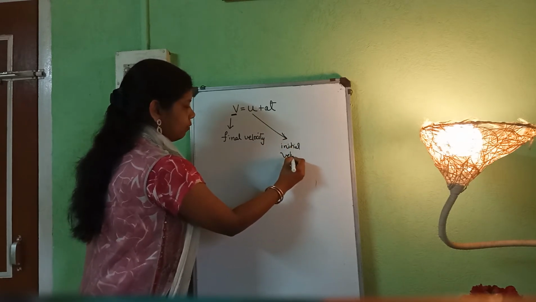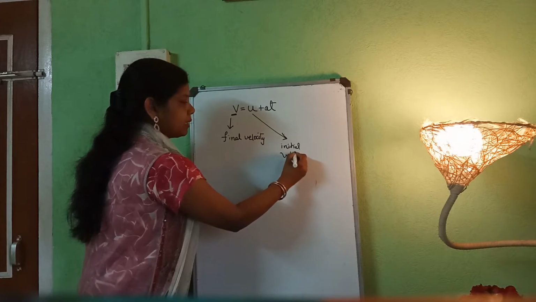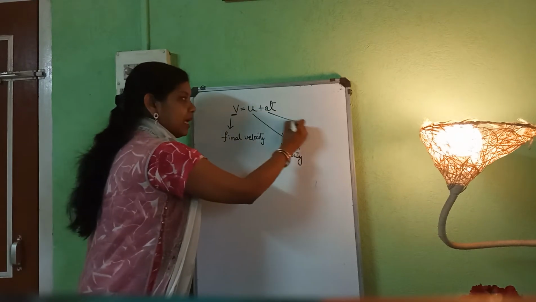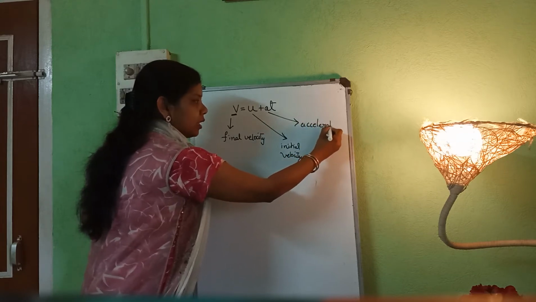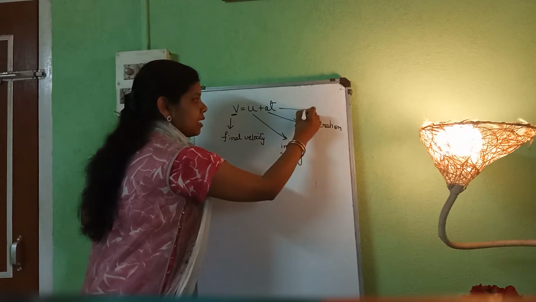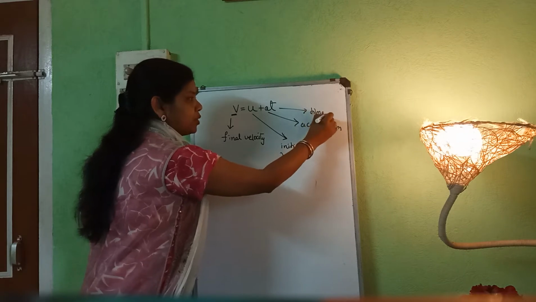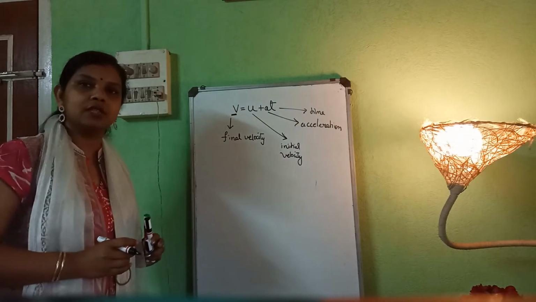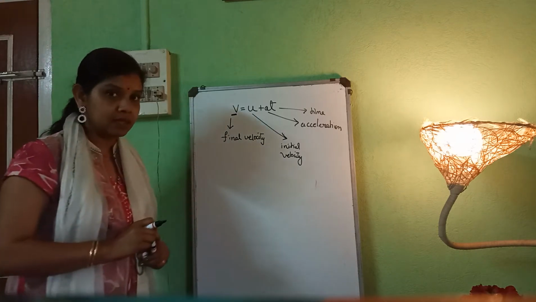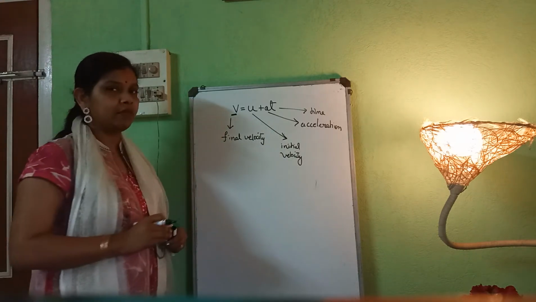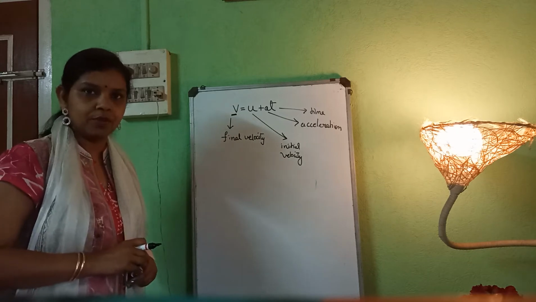V is final, U is initial velocity. A is acceleration, and T is the time in which the body has changed the velocity. This is the last topic that we discussed, and based on this topic I have given you one or two numericals also.